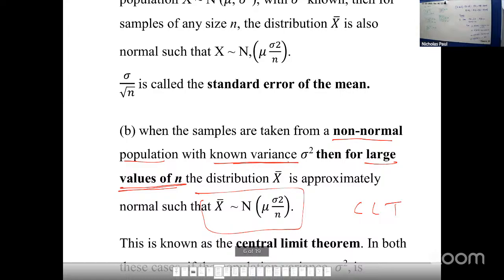So anytime you see a distribution and they ask us to find anything, but they do not give you the original distribution or it's not normal, you could say, well, since n is large, by the central limit theorem, we could approximate it to being a normal.